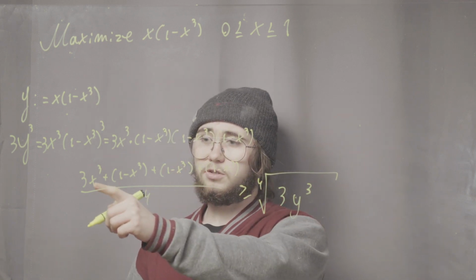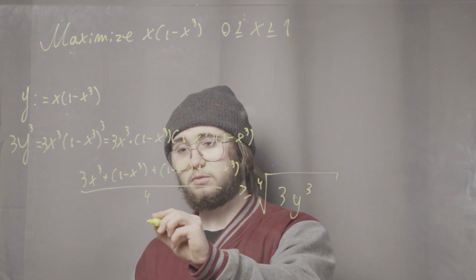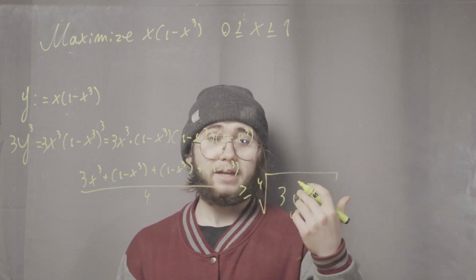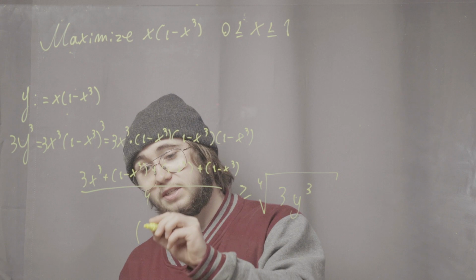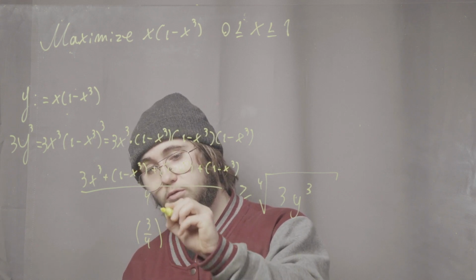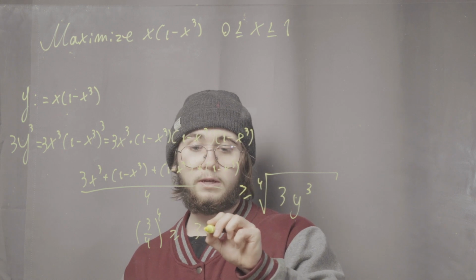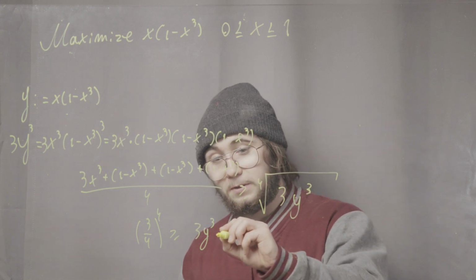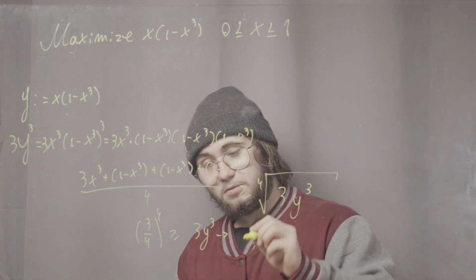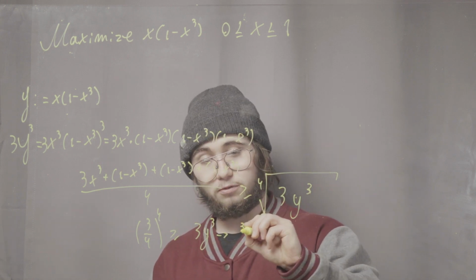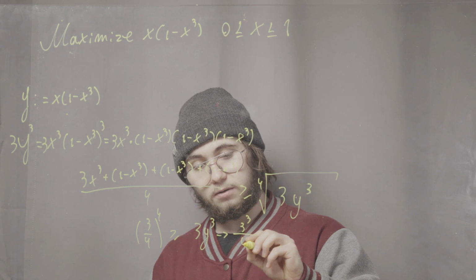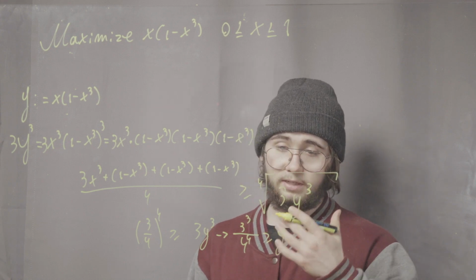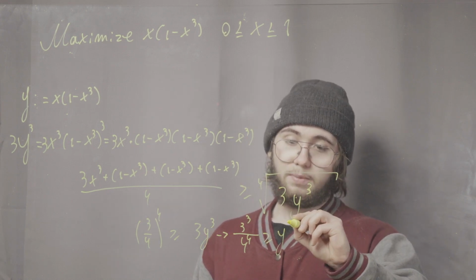So, what can we do now? Those x cubes will cancel each other out, so this will be just 3/4. And we can just go on and raise both sides to the 4th power, and we will get that 3 over 4 to the power of 4 is greater than or equal to 3 times y cubed. Yeah? And so, we see that 3 to the power of 3 over 4 to the power of 4 is greater than or equal to y to the power of 3.